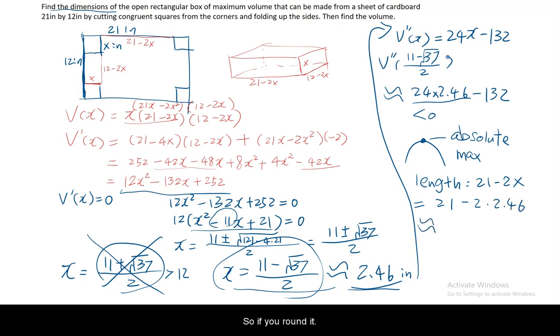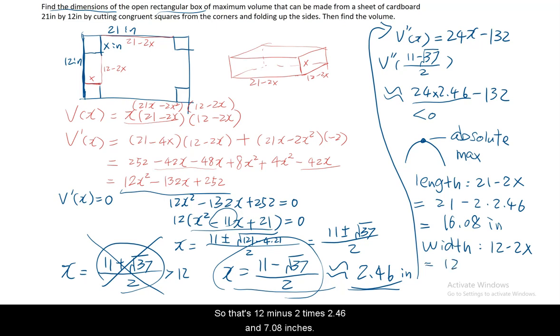So if you round it, excuse me, you don't have to round it, that's 16.08. We were looking for the dimension of the box, right? So the length of the box will be 16.08, whereas the width of the box is 12 minus 2x.